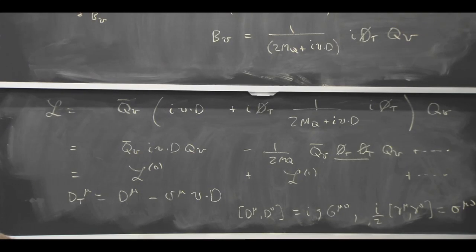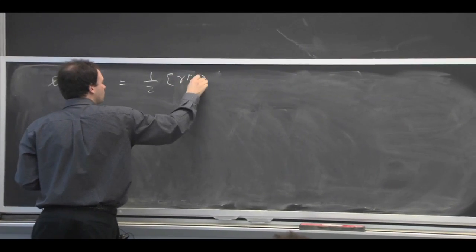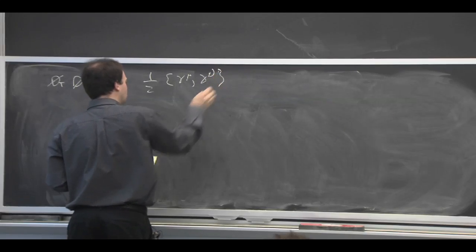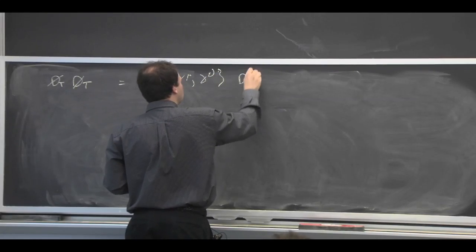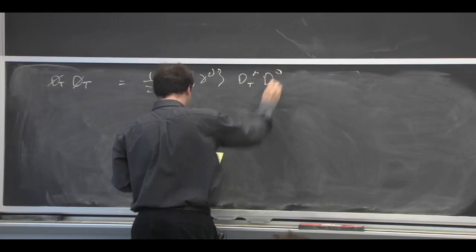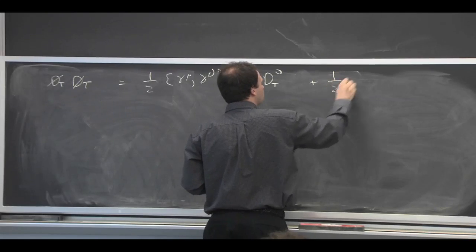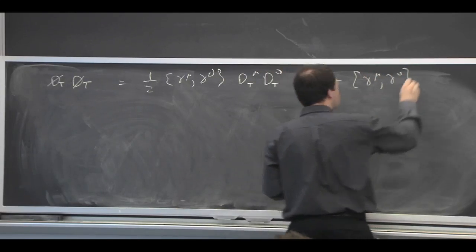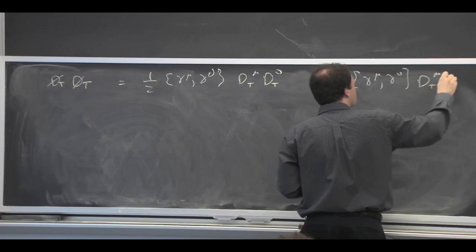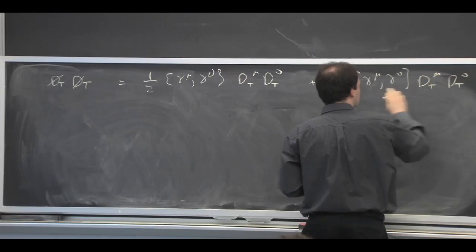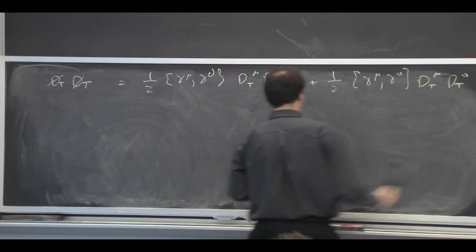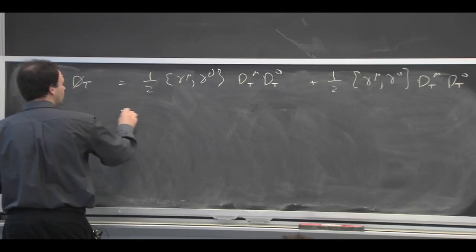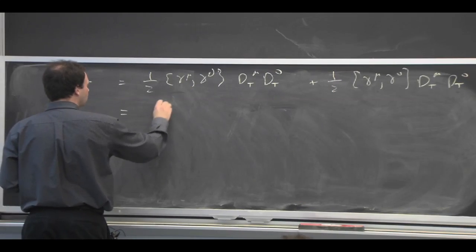Then D_T slash, anti-commutator. Since it's antisymmetric, it automatically forces that antisymmetric. This guy is a G^{μν}.